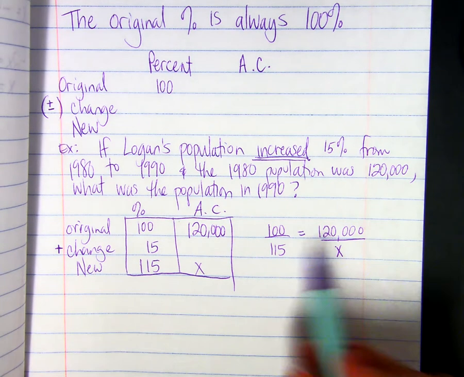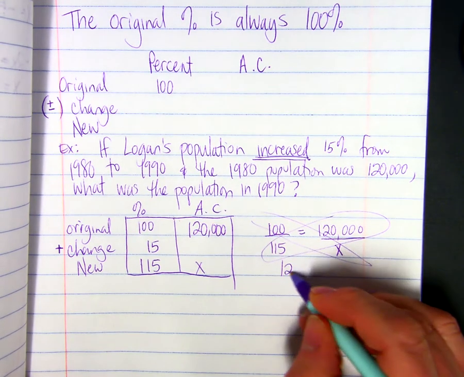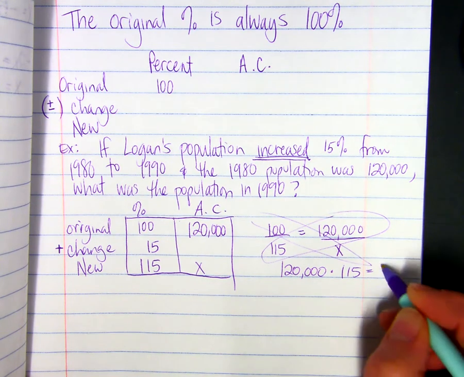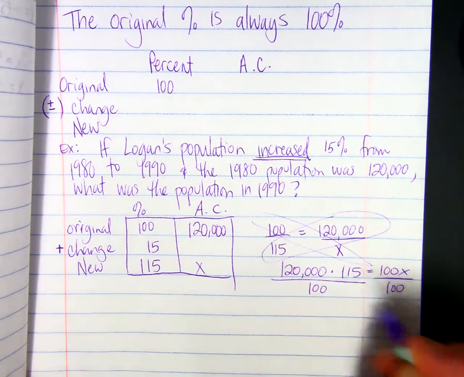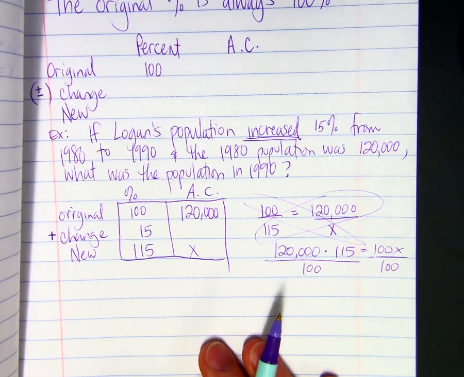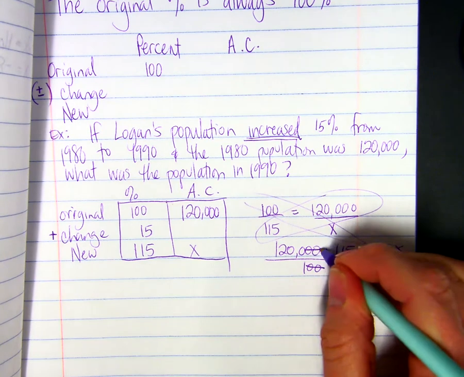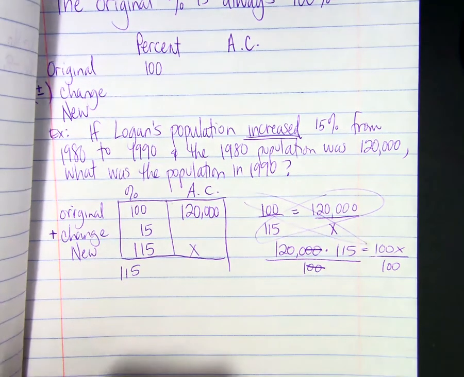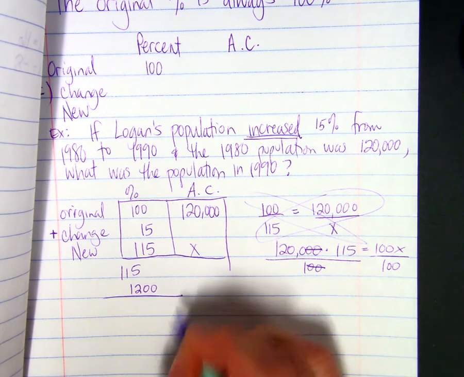So then we can solve. If we cross multiply, then divide by 100, I would just write down what I'm going to multiply, then divide. So instead of doing the multiplying, I'm going to write it this way. That way I can do some canceling before I multiply. And I do 115 times 1,200.